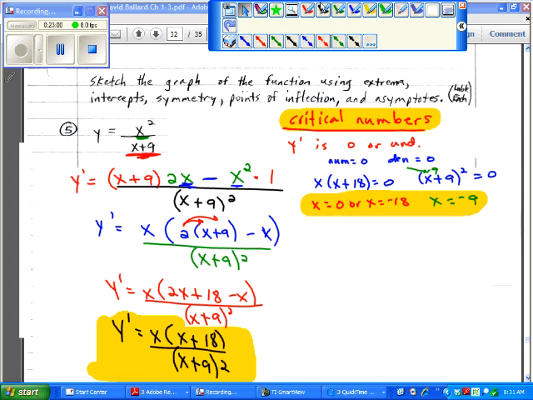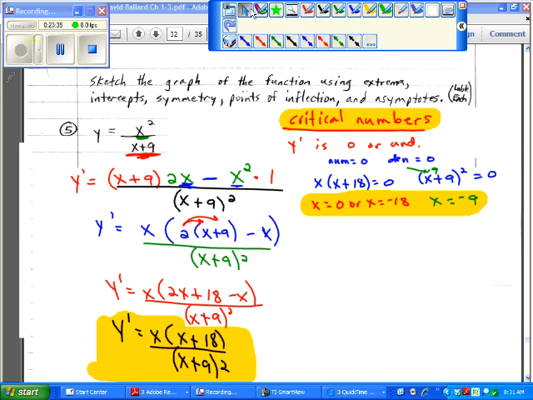Okay? All right, so now we want to find the second derivative. To find the second derivative, we could really pick any place in the first derivative that we want to solve it, or we could clean up the first derivative. It's not going to be really pretty any way you go at it. But if we were to go ahead and distribute here, take it one step further in the numerator, then that's probably going to be a little bit easier to take the second derivative, you see.